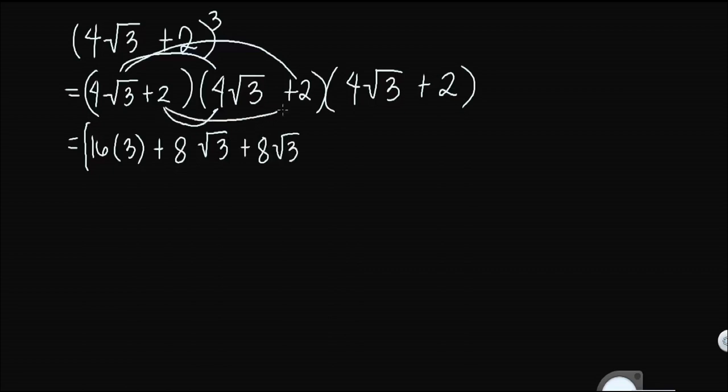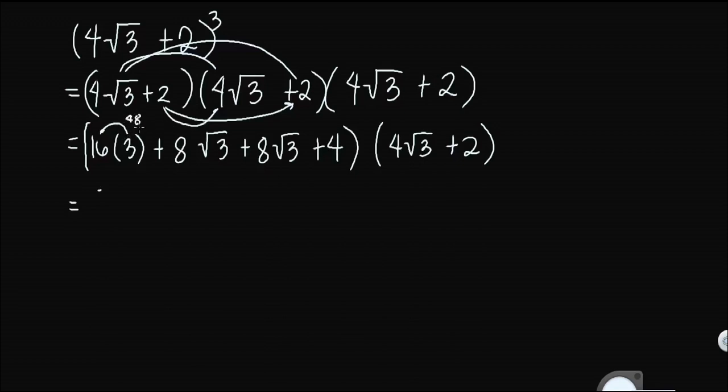Then for the last term, we have 2 times 2. Meron tayong 4 dyan. Okay, kopyahin natin yung huli, no? 4 square root of 3 plus 2. Then simplify muna natin itong nasa unahan. 16 times 3, that is 48. Pero pag pinag-plus yan sa 4, di ba? 48 is 16 times 3.